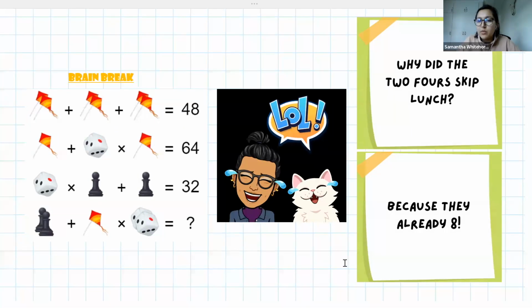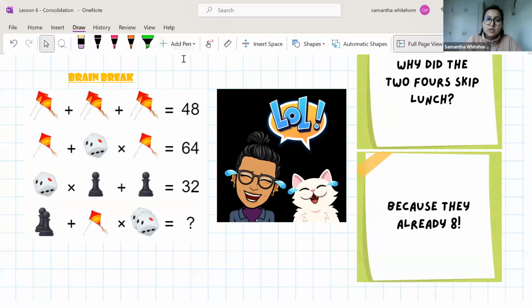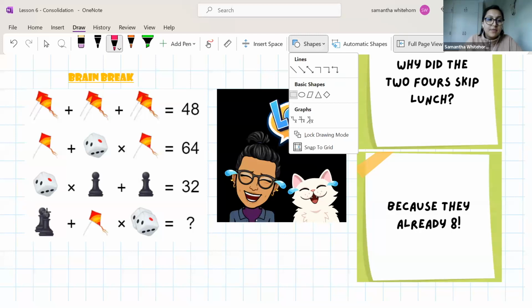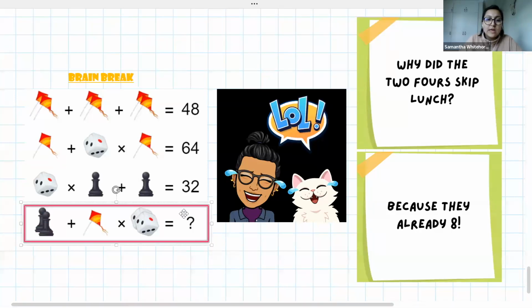Remember, you need to look at that equation and solve it. The first person who gets it right, put it in the chat. I will say who you are, and then you can raise your hand and explain how you did it. If you're confused, that's fine. This last equation over here, we need an answer to.